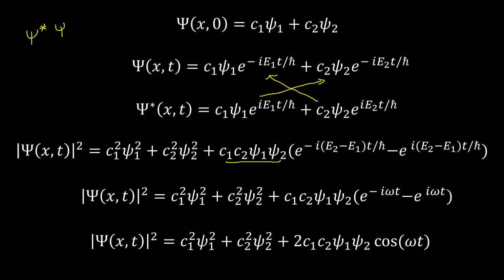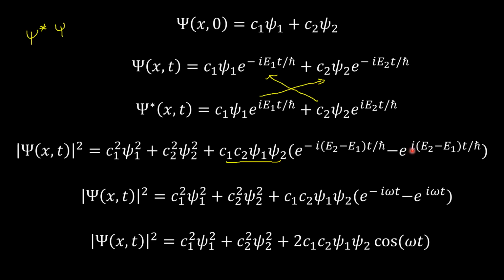Now you multiply this and this. Remember that I am taking psi star psi, so you take psi star first and psi next. Here also c1 c2 psi1 psi2 is common. Now you take this: here you have e^(+iE2 t/ħ), and here it is minus E1.